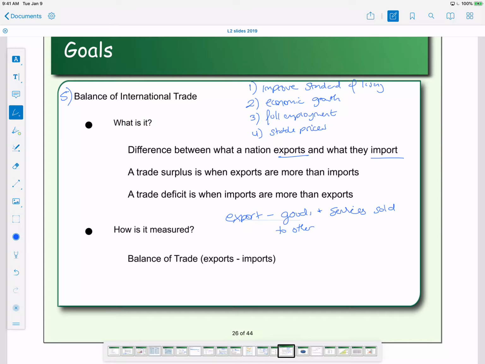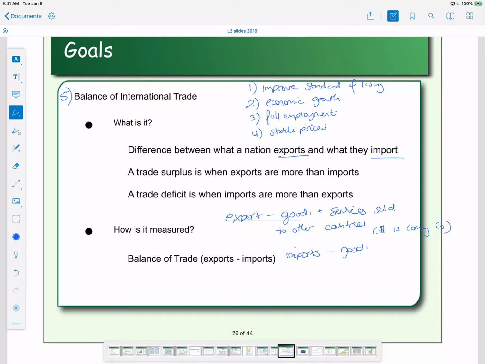So we make them here and we sell them to people or companies or other governments, but people in other countries. So when we have exports, the goods and services are leaving and the money is coming in to our country. Okay? Then we have imports.